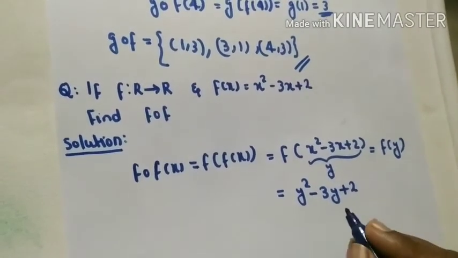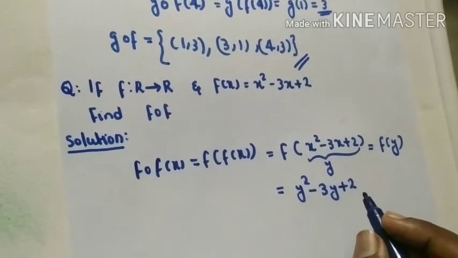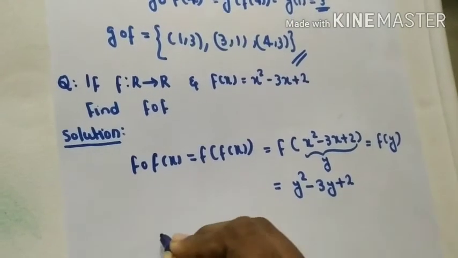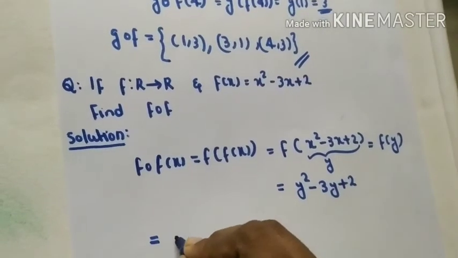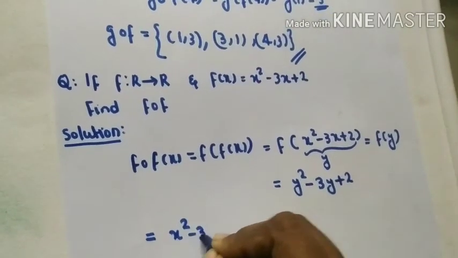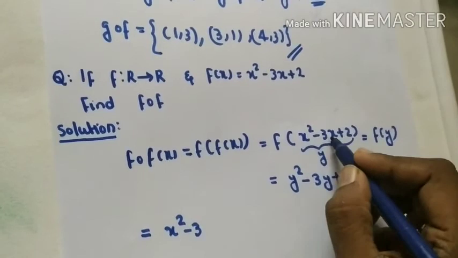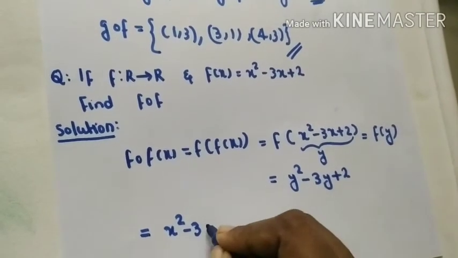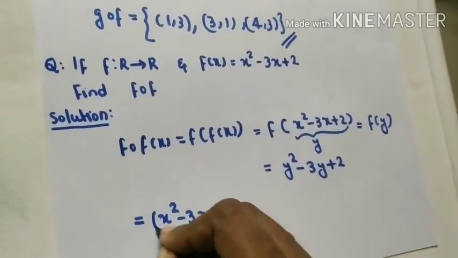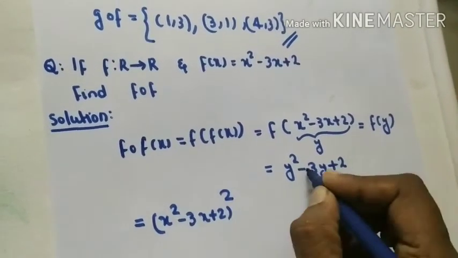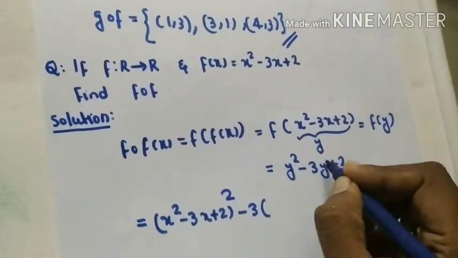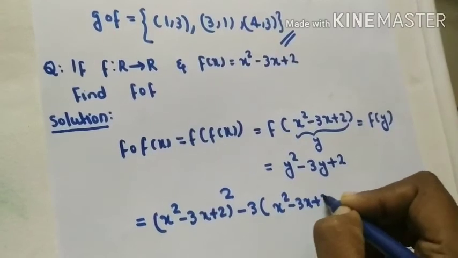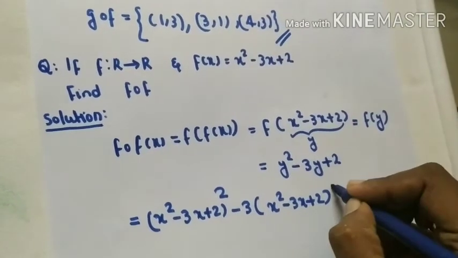Now putting back the value of y, we know the value of y is x square minus 3x plus 2. So y square becomes x square minus 3x plus 2 whole square, minus 3 into y becomes 3 into x square minus 3x plus 2, plus 2.